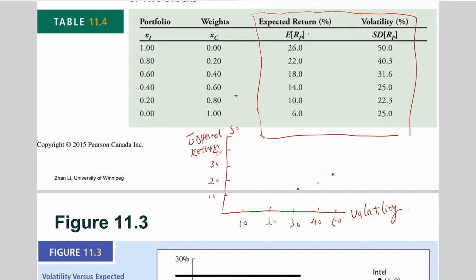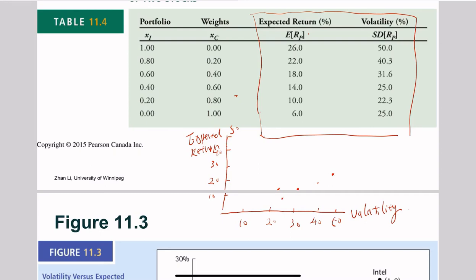So if volatility is 25, we get almost 14 here. And if volatility is 22, we have 10 here.